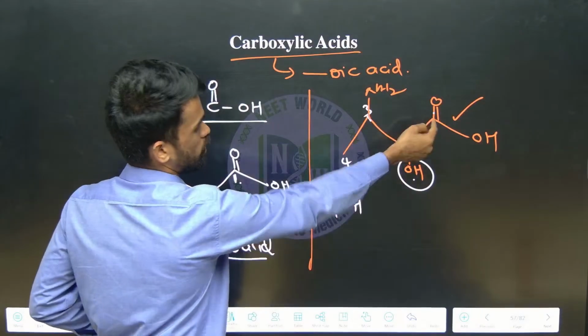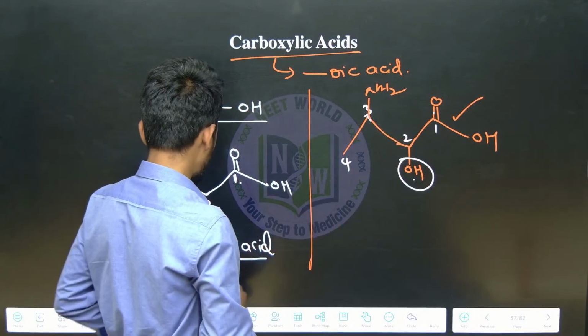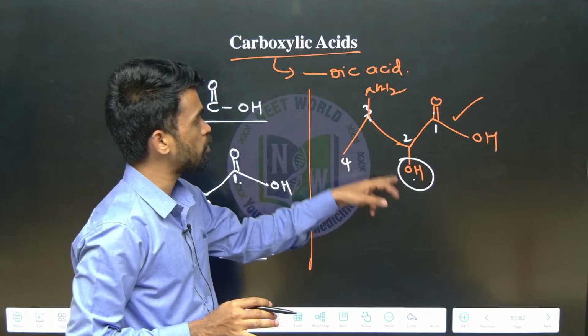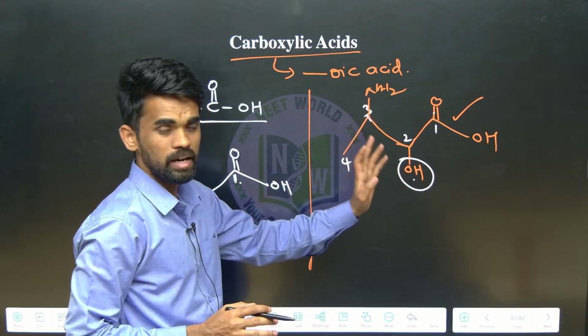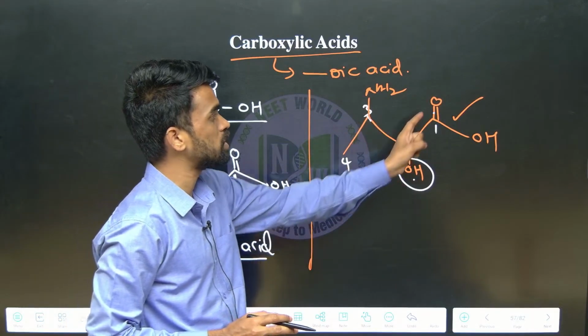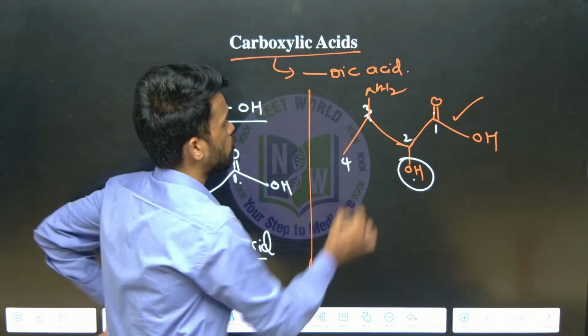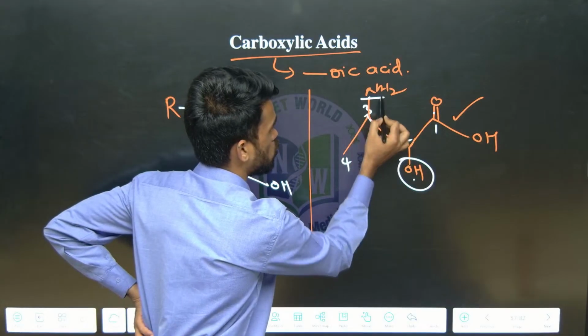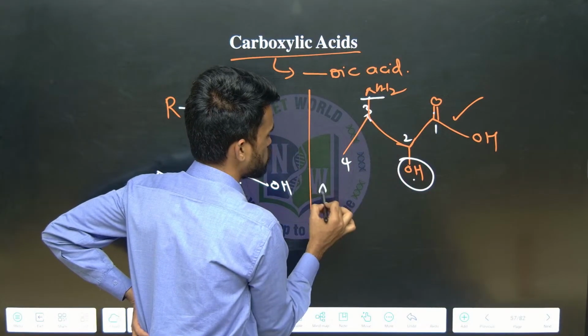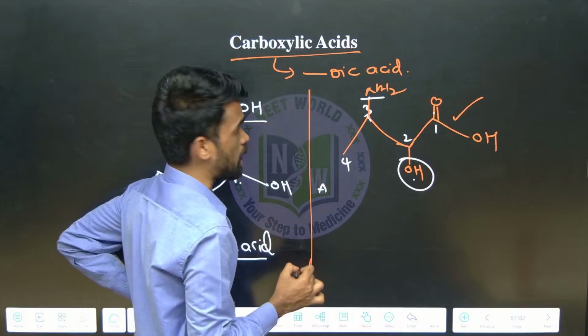Now just number from the principal functional group, then write the name by following alphabetical order, and end the name of this compound with oic acid, as our principal functional group is carboxylic acid. So it is amino group, this is hydroxy. A comes first compared with H as per alphabetical order.